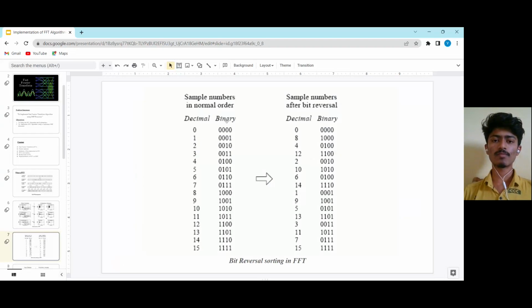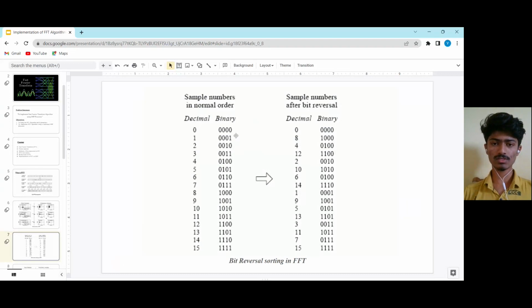So this one is the bit reversal method of sorting in FFT. Basically, bit reversal means that the binary numbers are converted into their mirror values.